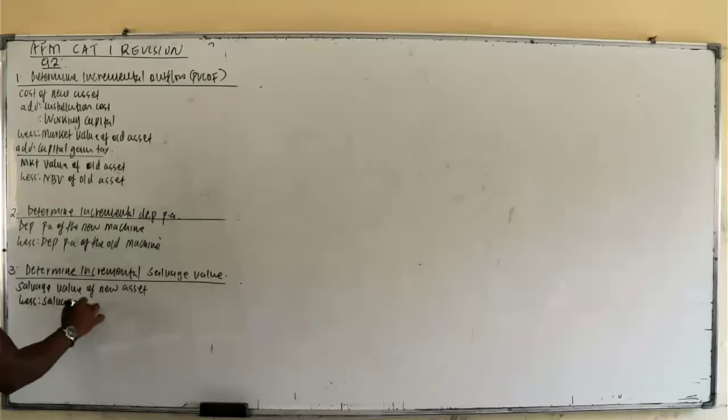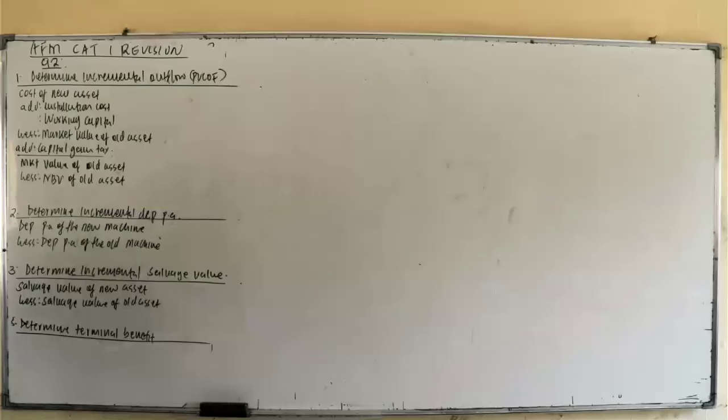And then number 5, you have to determine the terminal benefits. The terminal benefit is made up of 2 elements. One is the incremental salvage value. Then you also add the working capital.